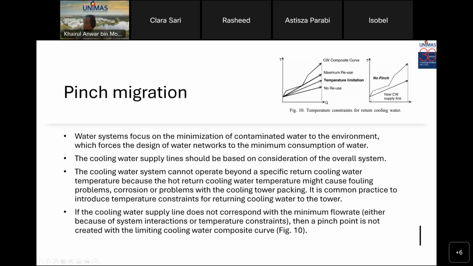So the new cooling water supply line is here. If the temperature is high, we turn back to the third point. So we cannot use this pinch and need to introduce a new cooling water supply line.